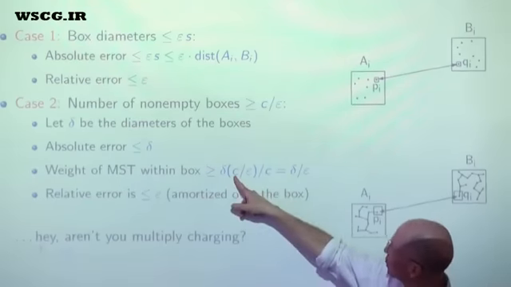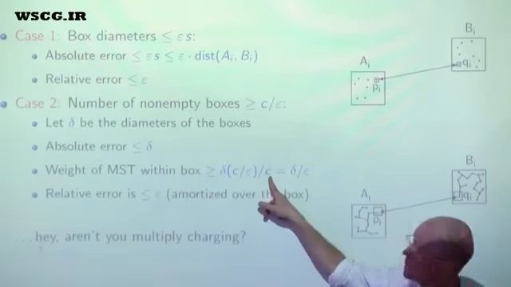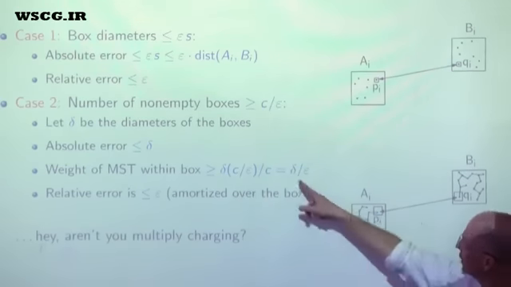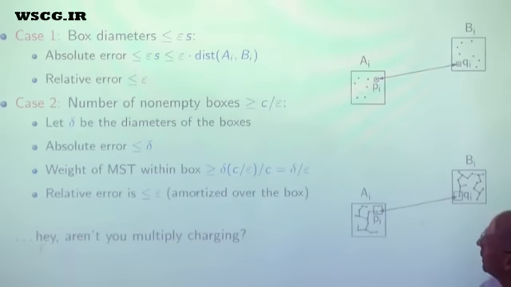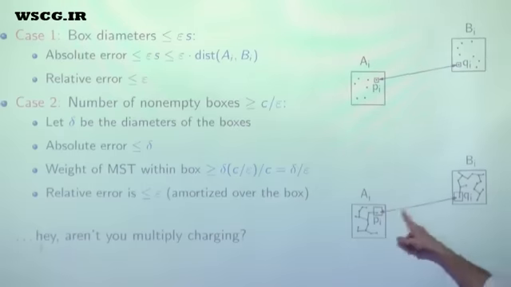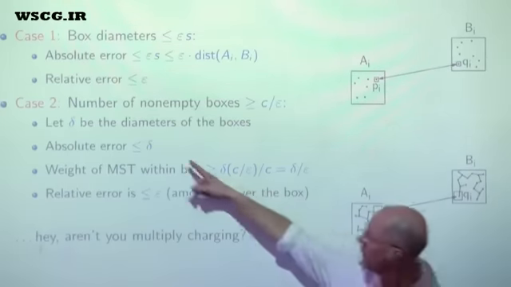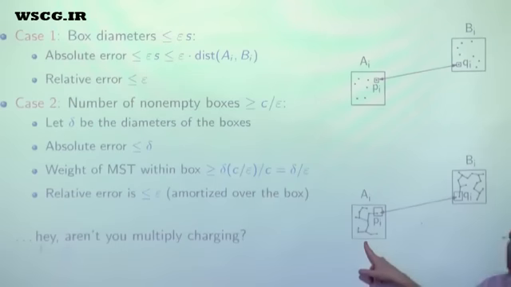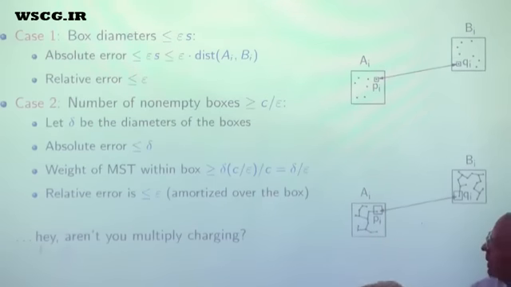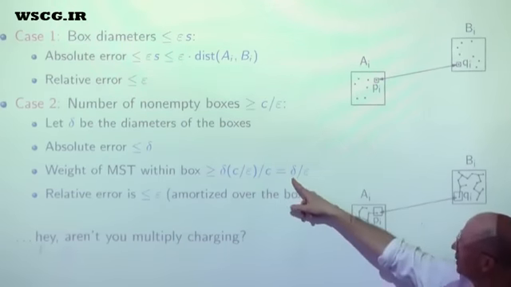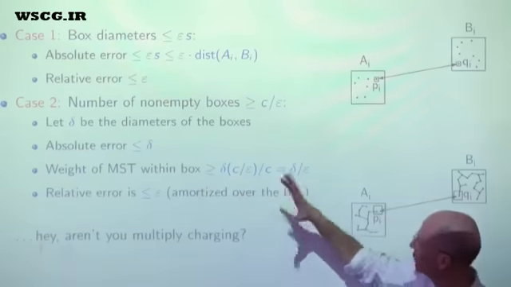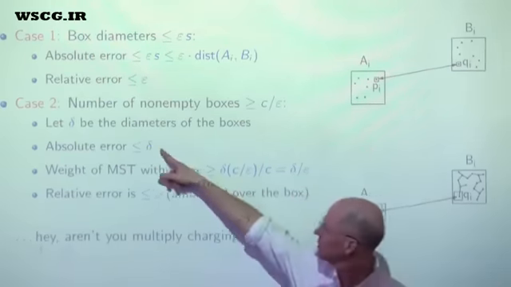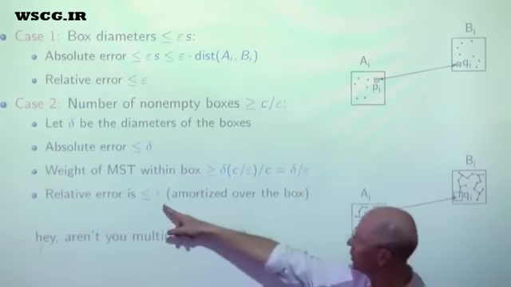I'm just going to choose the c in this context to cancel out the c there. And so the weight of the spanning tree within here is going to be about delta over epsilon. So what's the error that I'm committing here? You're committing an error of about delta, but you're charging it against a weight of the spanning tree that's about delta over epsilon. So if I look at the relative error relative to the entire spanning tree, it's the ratio of this divided by this. Well, that's just going to be epsilon.